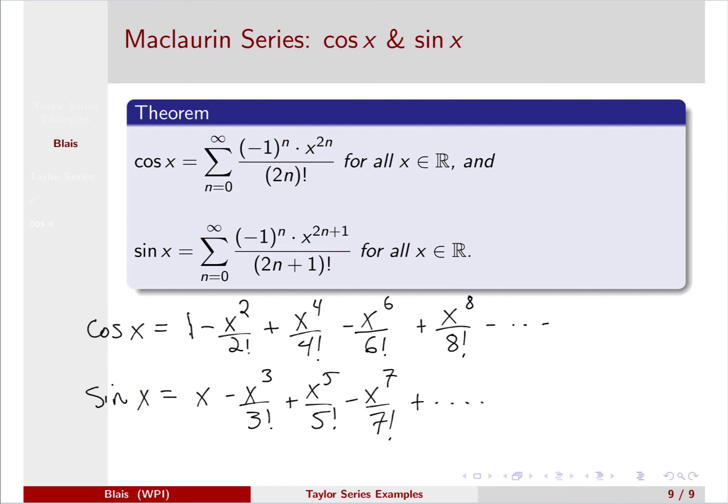They are different versions of the same function. We will explore how you can use these very nice, very elegant, and very handy Maclaurin series for cosine of x, sine of x, and e to the x to do many different things. And we will see that in subsequent lectures.